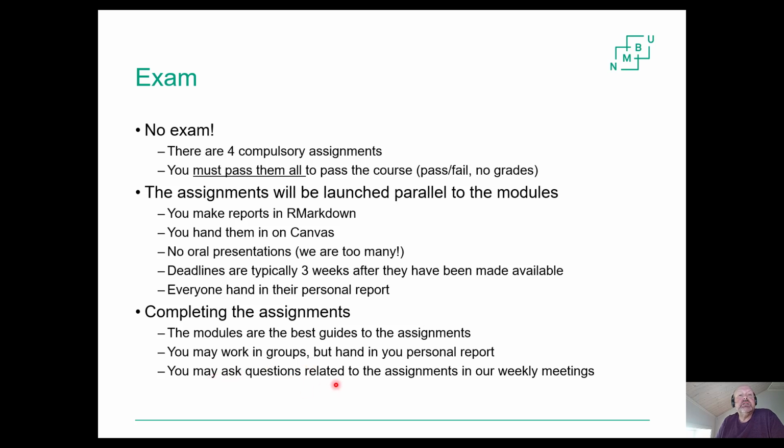You may ask questions related to these assignments in our weekly meetings. The assignments are both an exam in some sense, but you should also learn something from them. So don't be afraid to ask questions about the assignments.